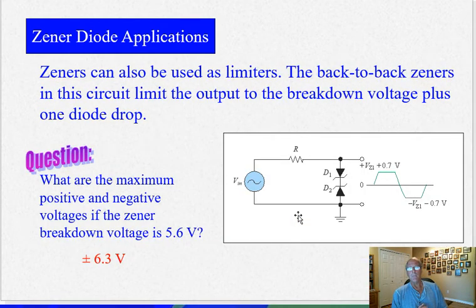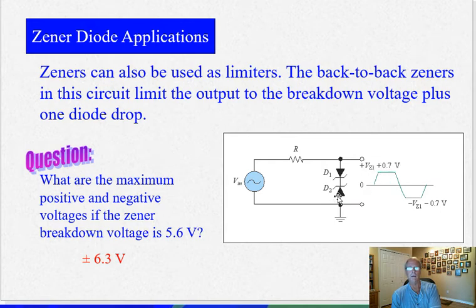Now, putting Zeners back to back like this in this schematic, you can make a limiter or a clamper. So here's an AC waveform, and you notice it's cut off right here at the positive end and the negative end. The voltage that it cuts off at, or clamps at, or limits to, is the Zener voltage plus 0.7 volts.